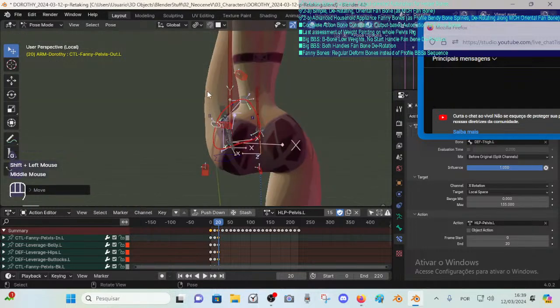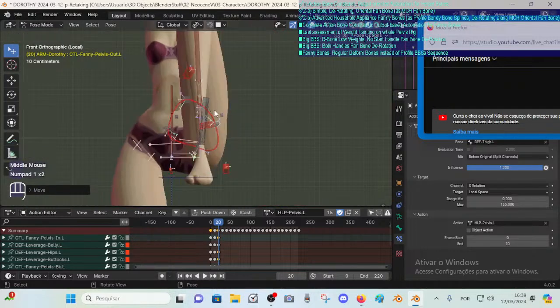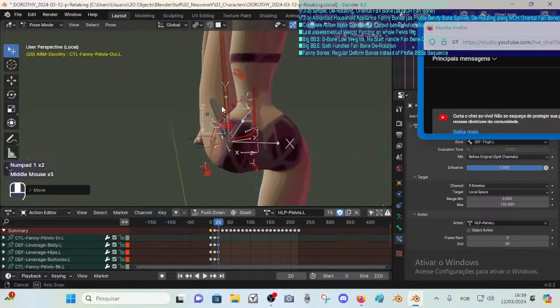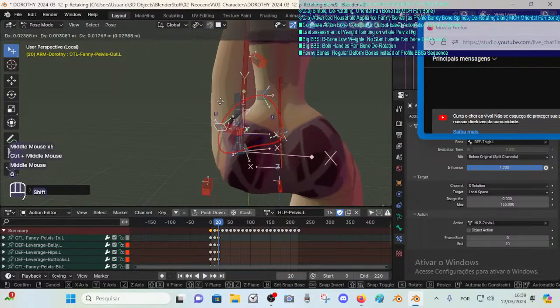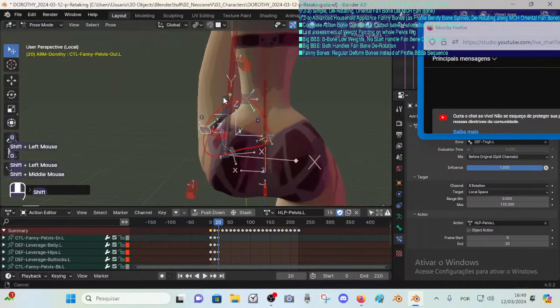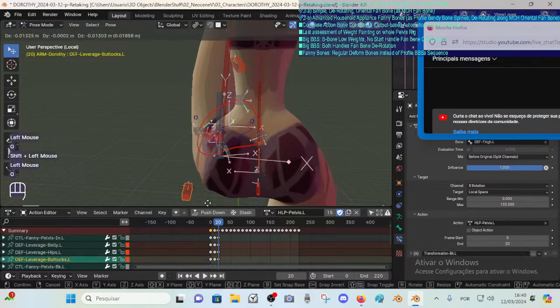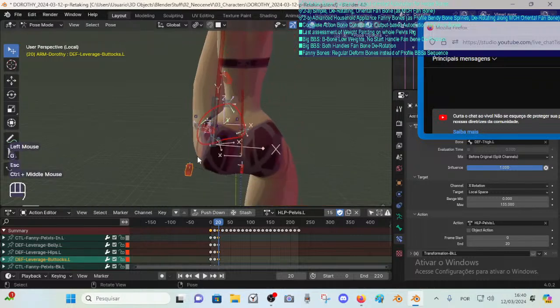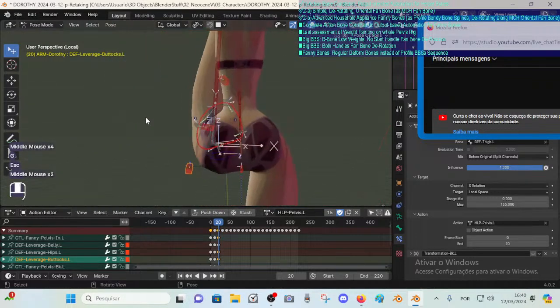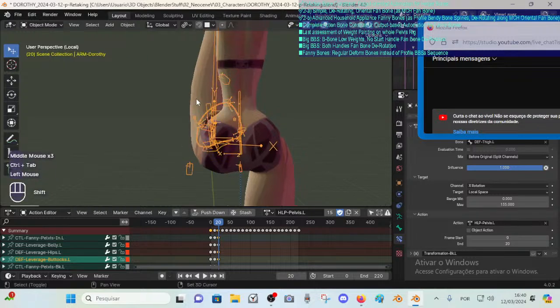So I could have another deform bone to try to improve that thing, but there's just some stuff there, I don't know what is affecting it. Maybe the buttocks have too much weight. Yeah, maybe there's something about the buttocks here.